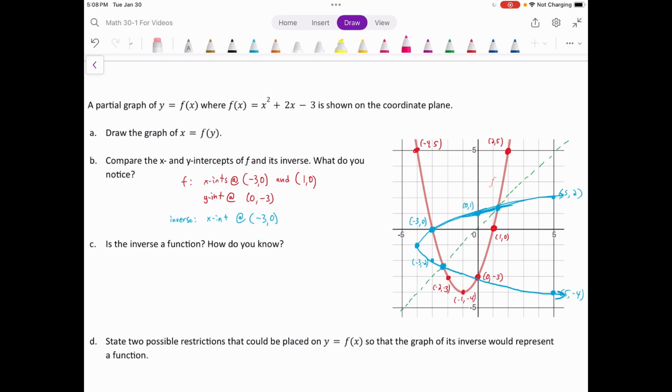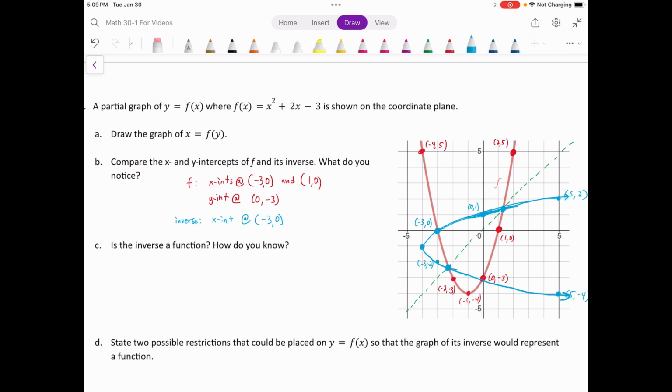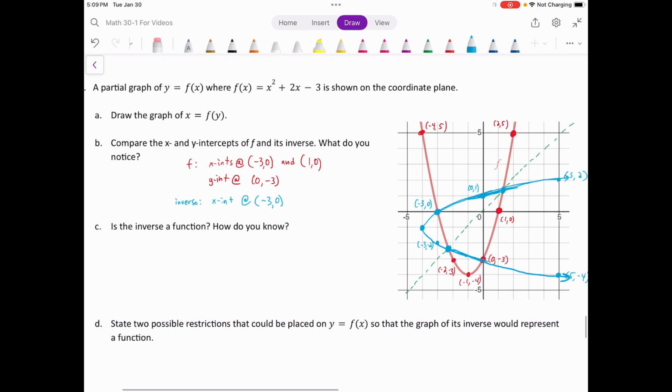And its y-intercepts, it has two now. It has one at, whoops, I don't know why I switched colors there. That should still be blue. We're still talking about the inverse. It has two. It's got one at (0, 1) and one at (0, -3).